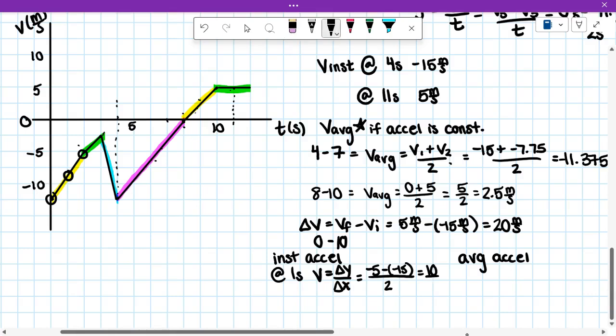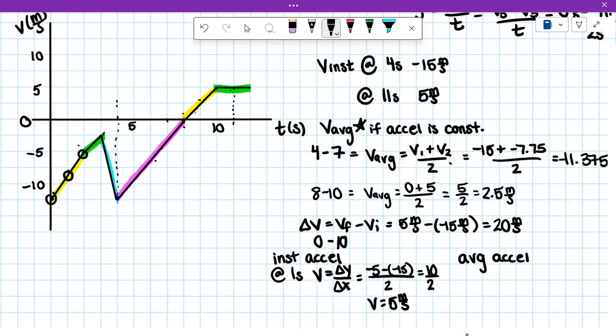Negative 15. Oh, I'm doing this wrong. No, I'm not. Negative 5 is the final, minus negative 15 is the initial. My brain is not working today. Okay, that is 10 over 2. All right, so therefore we have an acceleration at 1 second of 5 meters per second squared. That makes sense because I have a total change in velocity of 10 meters per second in 2 seconds.